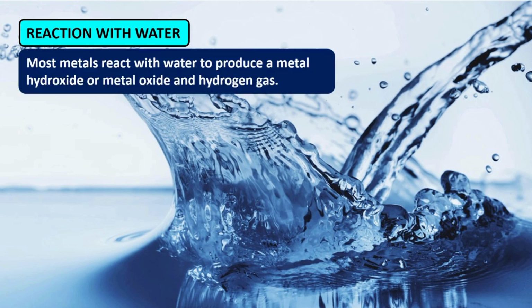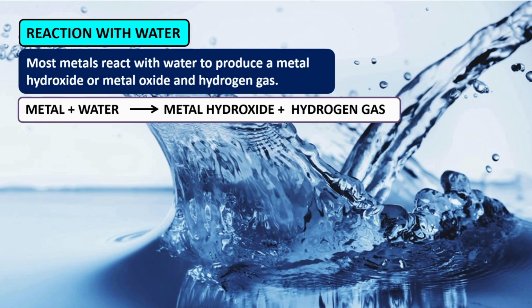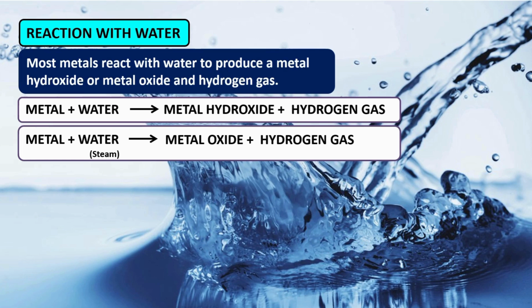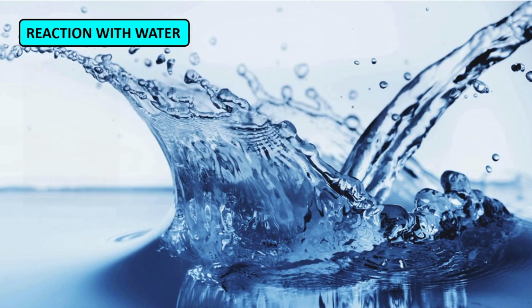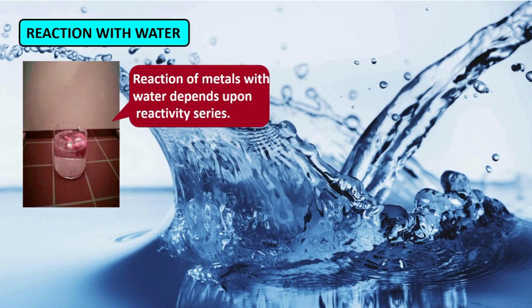Reaction with water. Most metals react with water to produce a metal hydroxide or metal oxide and hydrogen gas. Metal plus water gives you metal hydroxide plus hydrogen gas. Metals like sodium, potassium, magnesium, zinc. Reaction of metals with water depends upon the reactivity series.